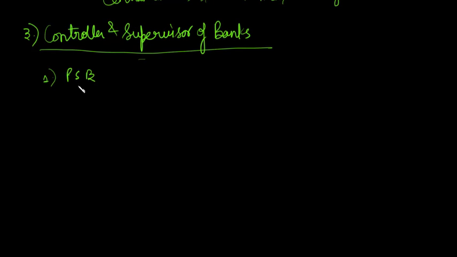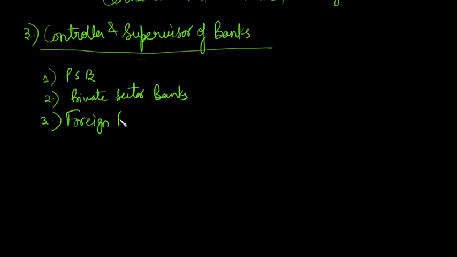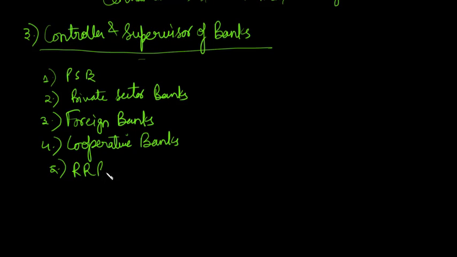Public sector banks, private sector banks, foreign banks, cooperative banks, and regional rural banks, RRBs. So these are the types of banks over which RBI has control and supervision.